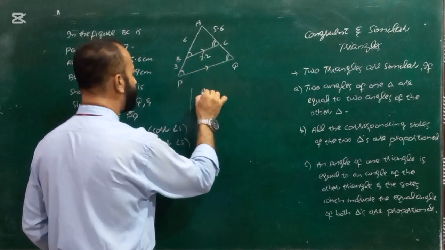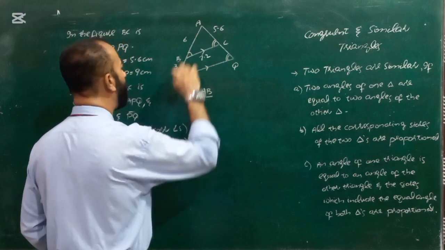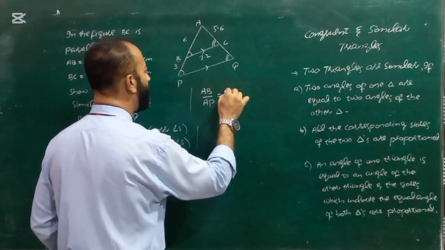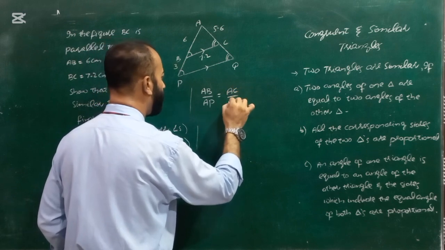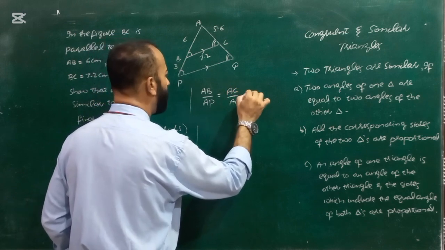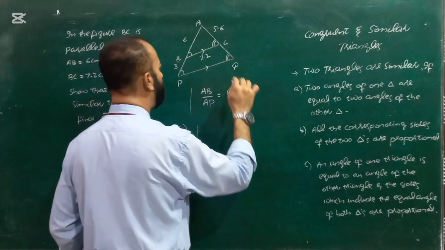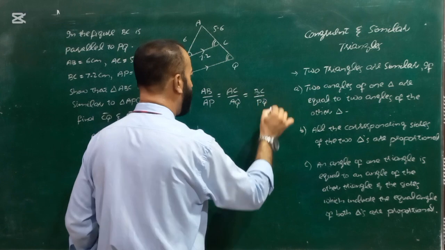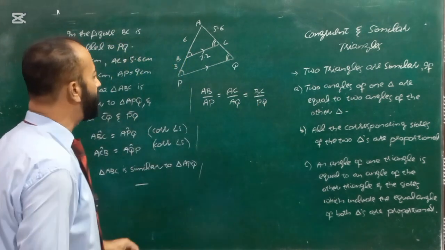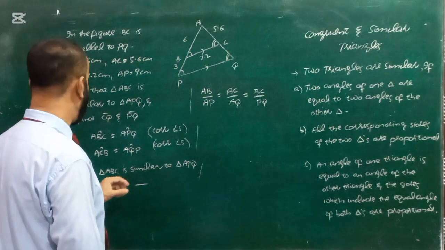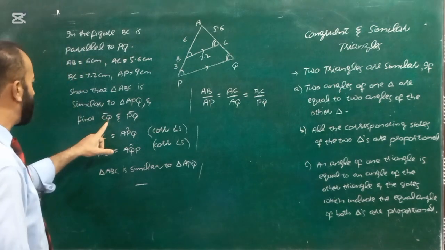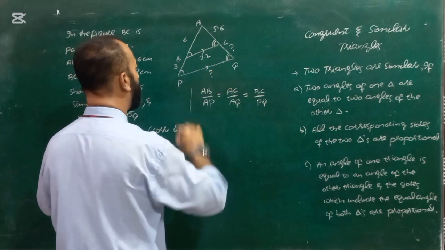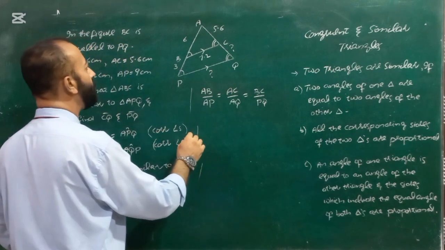So AB over AP is equal to AC over AQ should be equal to BC over PQ. Okay, the ratio of the corresponding sides are same. So now the thing that is required is CQ and PQ. So this is required and this is required.